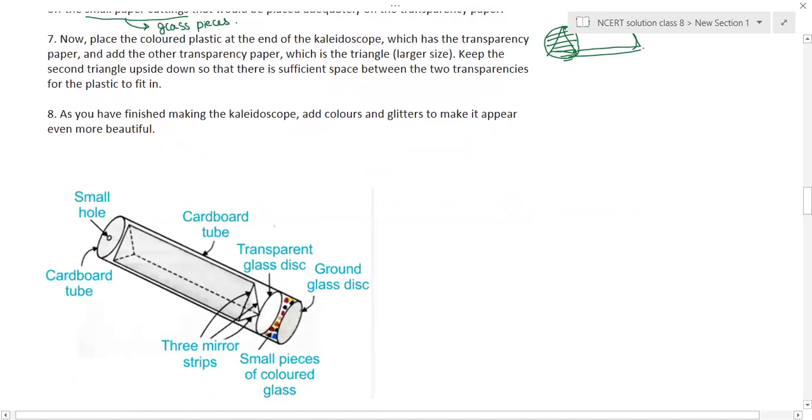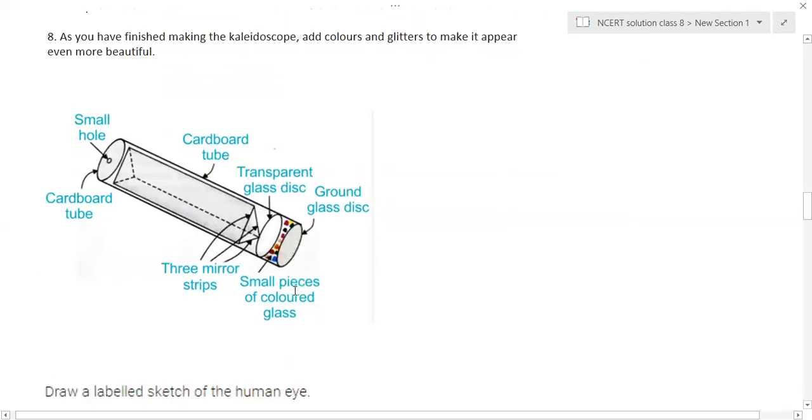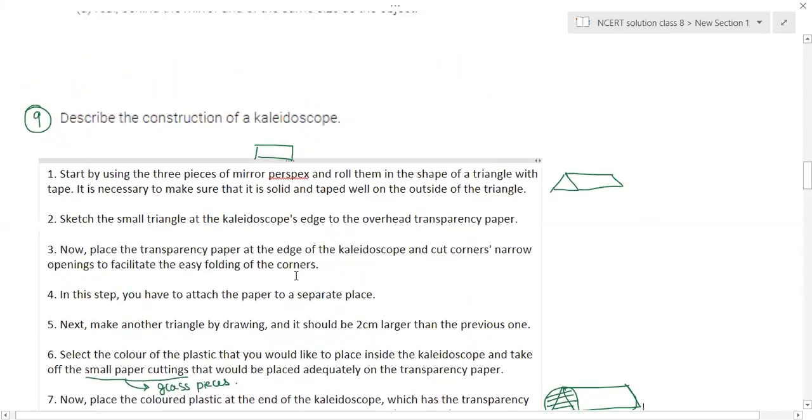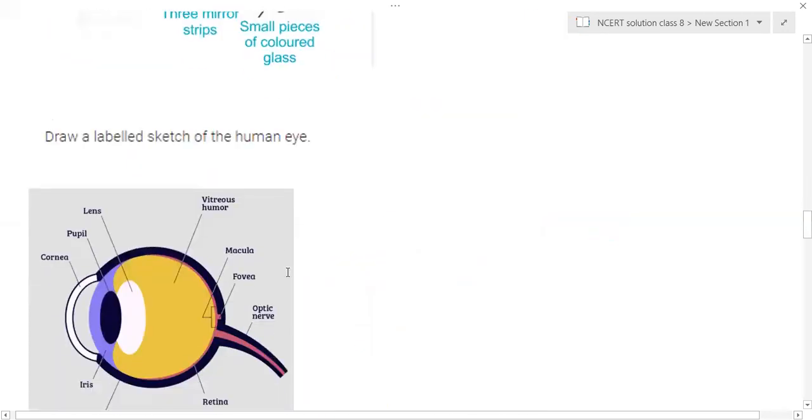This is a ground glass, and between the paper and the glass there are small pieces of colored glass. When you rotate it, you will be able to see many images of different types. This kaleidoscope is used by artists to make wallpaper and fabric designs. So such people use these kinds of kaleidoscopes.